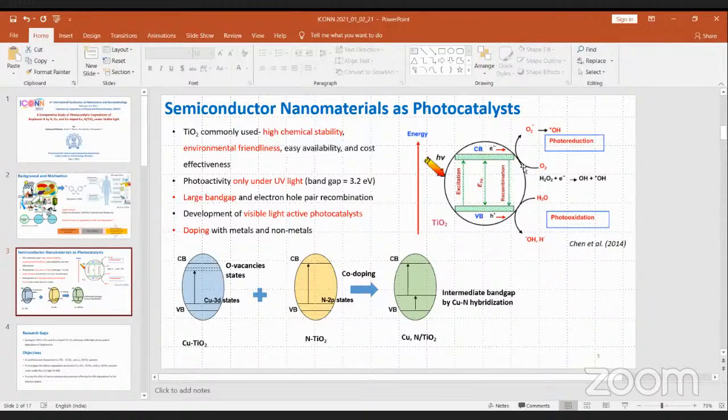There is another, second generation method, co-doping with metal and non-metal together onto the TiO2, where intermediate band gap formation by copper and nitrogen hybridization occurs, thus enhancing the visible light activity.